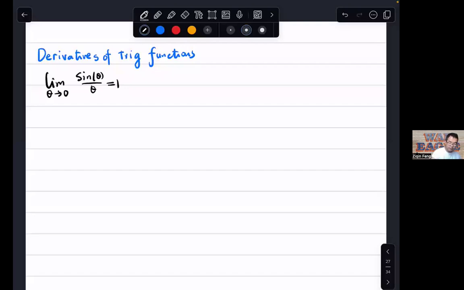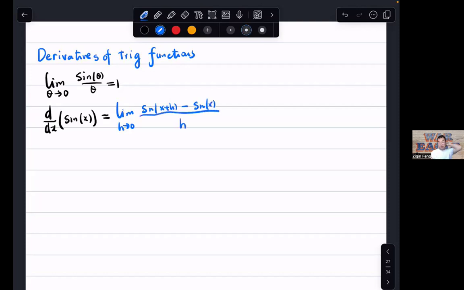Let's say we want to differentiate d over dx of sine of x. Now what's this? We have no formulas. All we can do is use our definition. So the definition is the limit as h goes to 0 of sine of x plus h minus sine of x, over h. How do we do that?